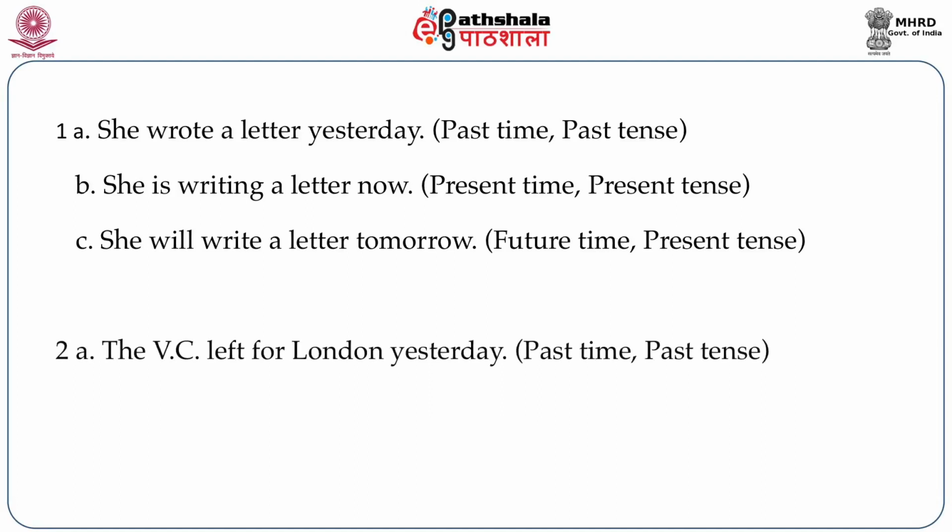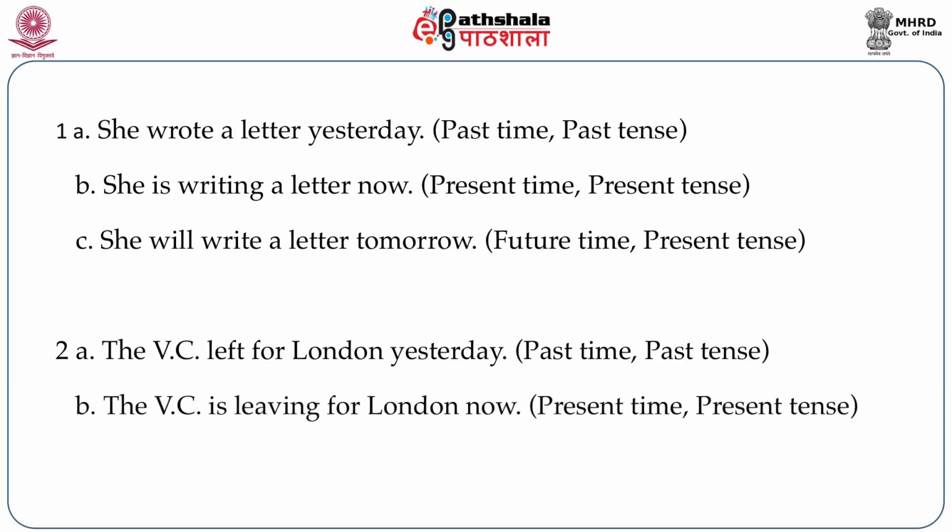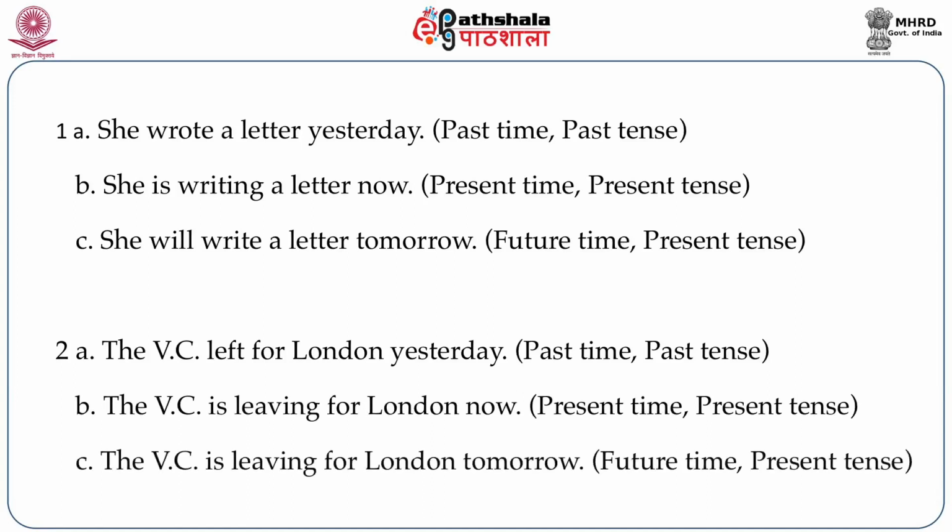Similarly, you find in 2A B C, the first sentence 2A, this is past tense and it refers to past time. In 2B, we have present tense, the verb is in present tense and it also refers to present time. However, in 2C, the tense is present but it refers to future time.